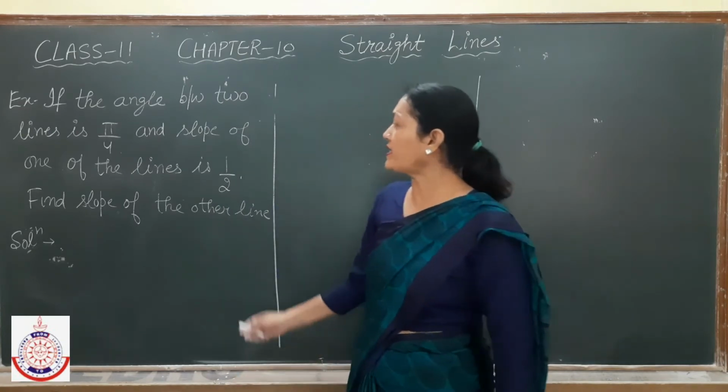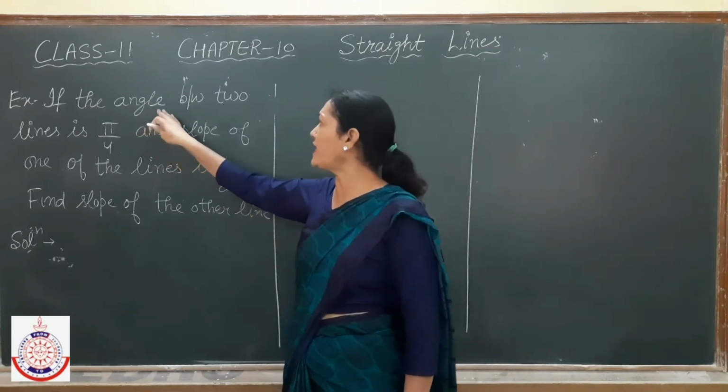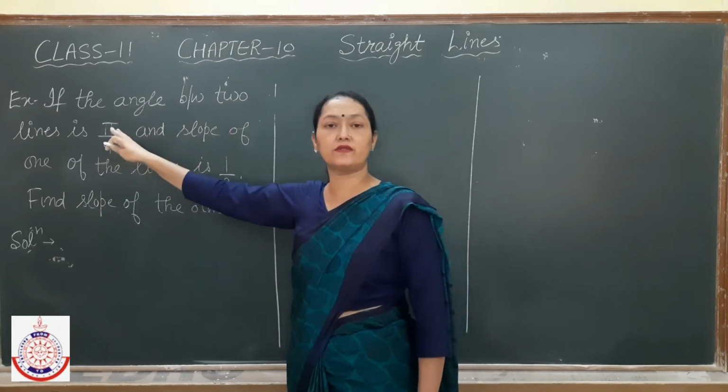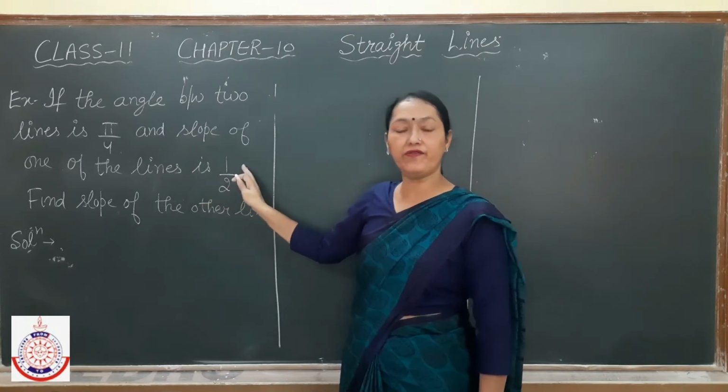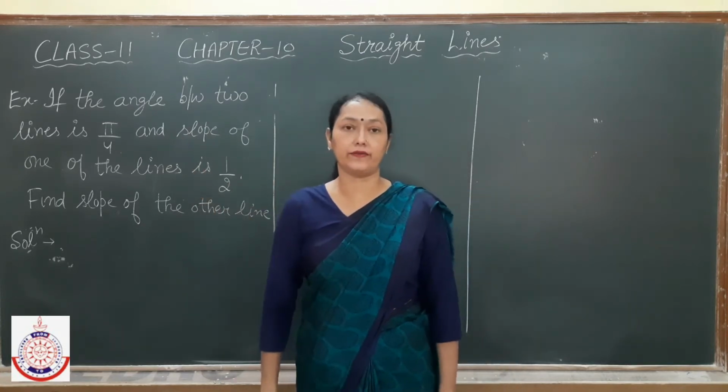Here I have taken an example where they're saying the angle between two lines is pi by 4, the slope of one of the lines is half, and we have to find the slope of the other line.